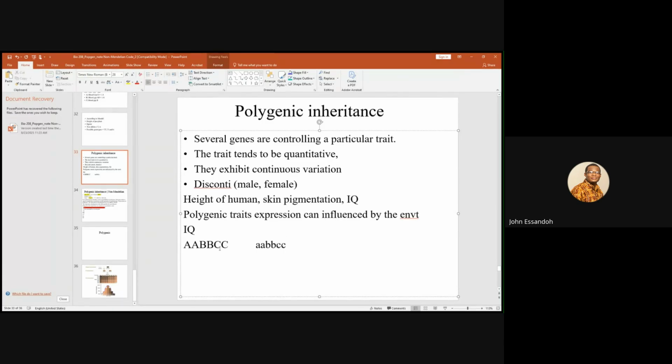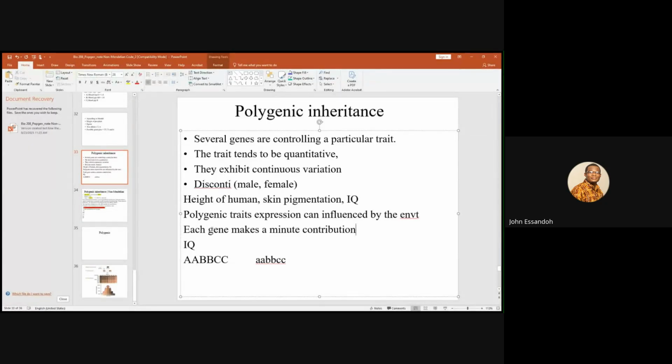But do you know something? These genes are working together. But do you know when they work together, each gene makes a minute contribution. Okay, each gene makes what? A minute contribution. All right, so what does it mean to say minute contribution?